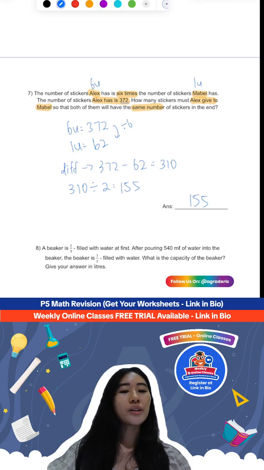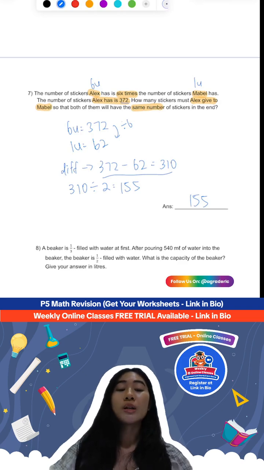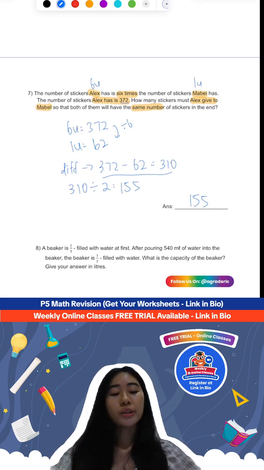Any other questions you guys have? Yes, user 745, that's the correct working. Yes, in the list, the working is correct. It's actually the same as what I'm doing. 6 units minus 1 unit is actually 372 minus 62. So we have the same working actually.